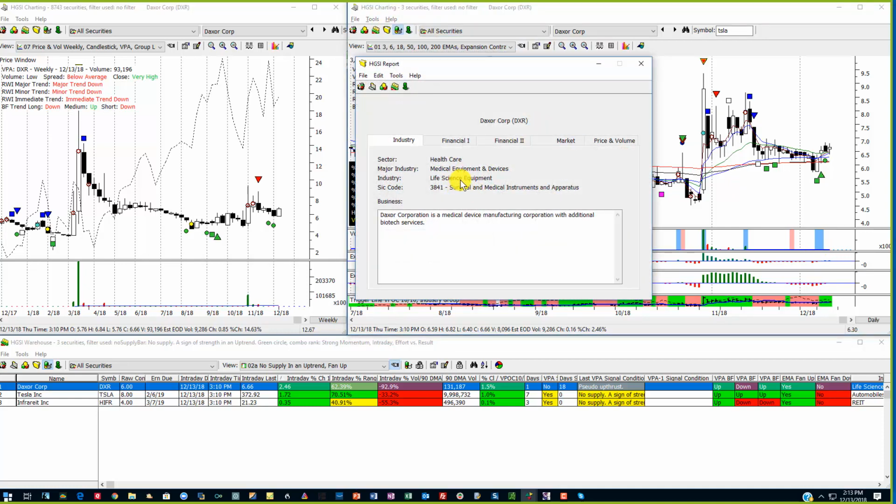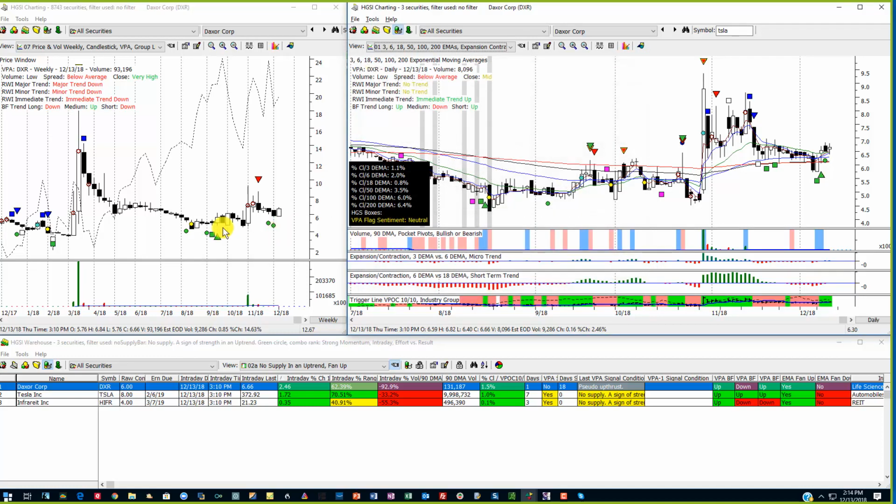Medical equipment and devices might be one to watch. Look at this weekly chart, how long it's been under accumulation. And the fan is just starting to form. The VPOC went positive, and here's a pocket pivot.